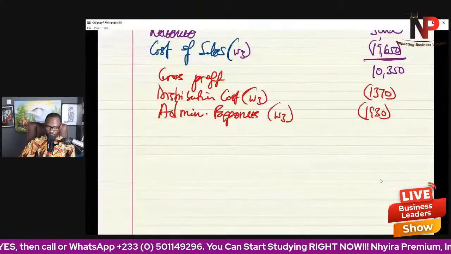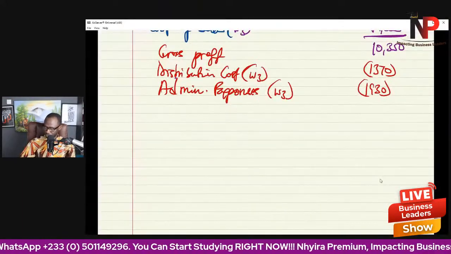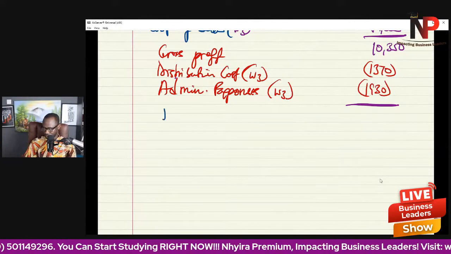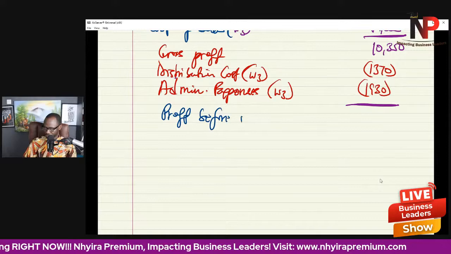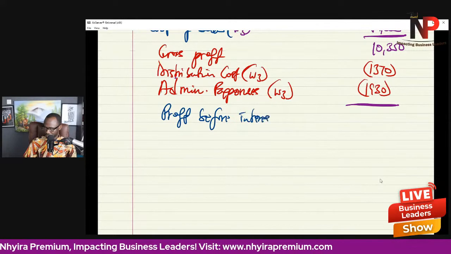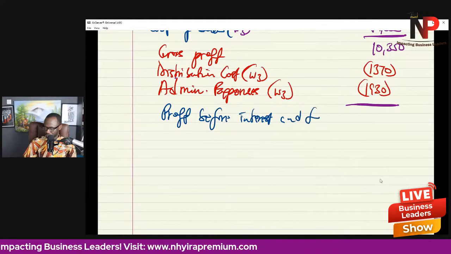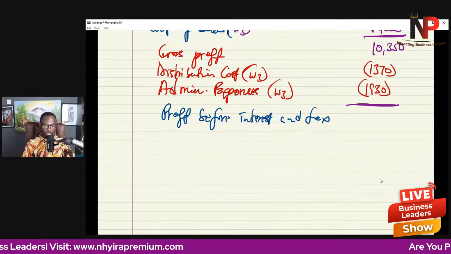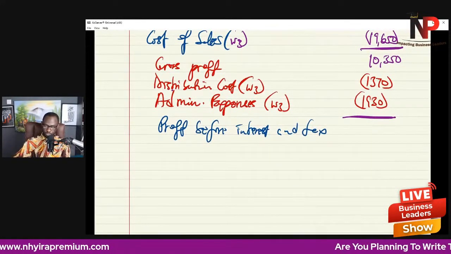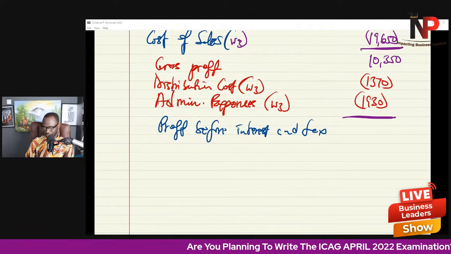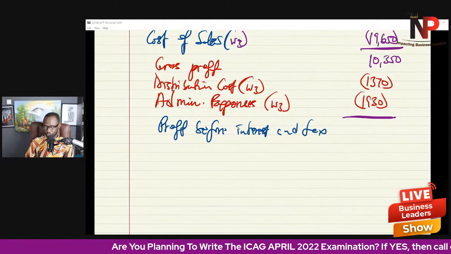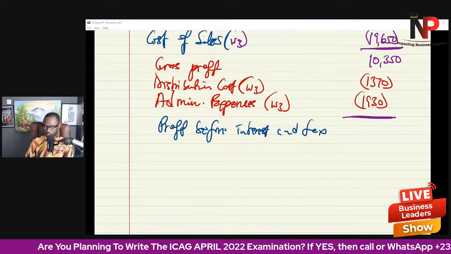Then you bring in profit before interest and tax. So we subtract it respectively. What do we have? 10,350 minus 1370 minus 1930.